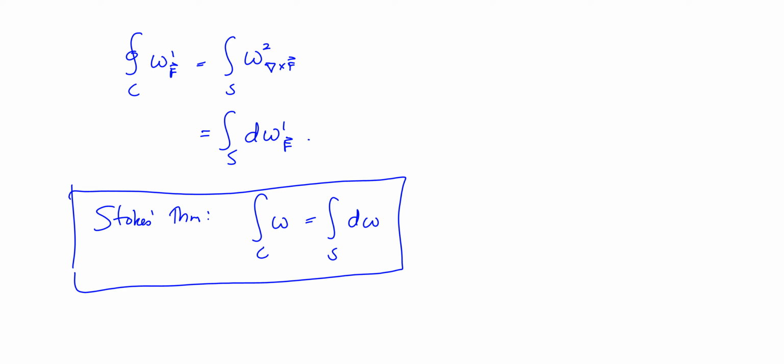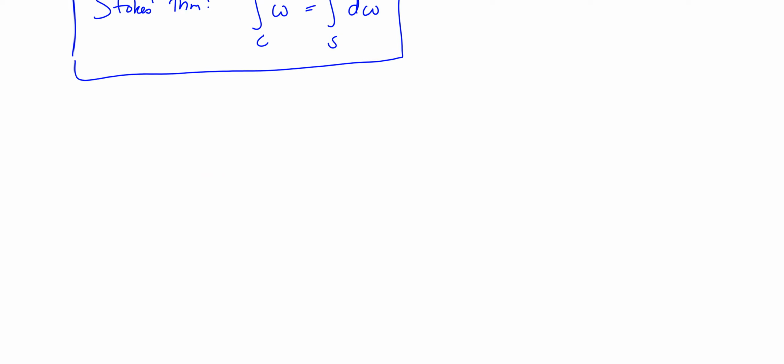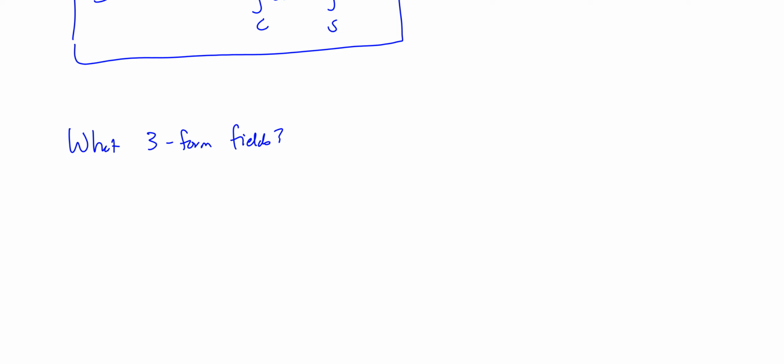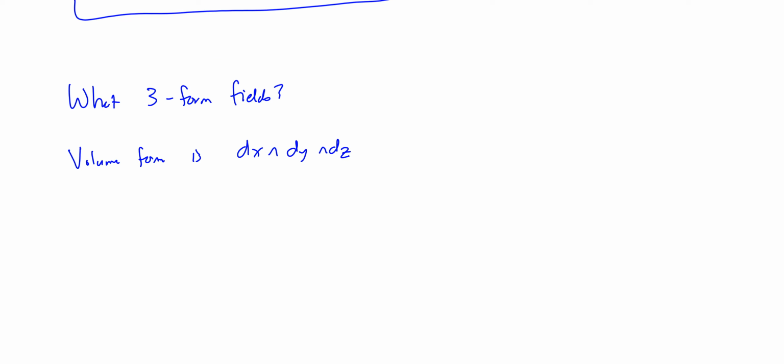So we have one more integral to do, and that's triple integrals. So what about three-forms? Well, remember our volume form is just dx wedge dy wedge dz. And so for any three-form field, that just looks like omega is f of x, y, z dx wedge dy wedge dz.